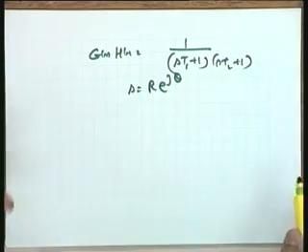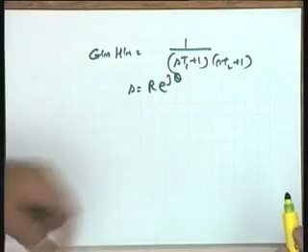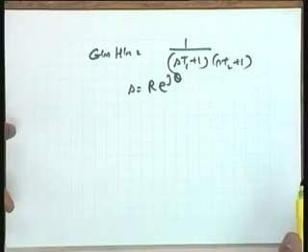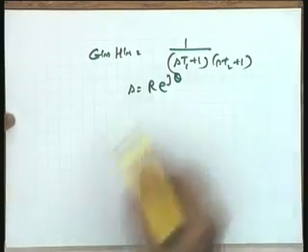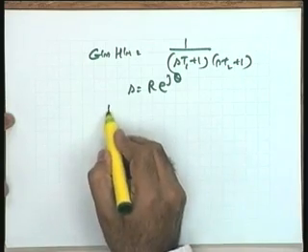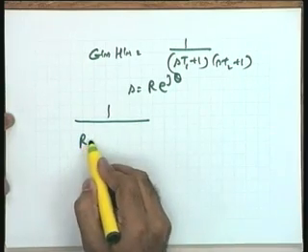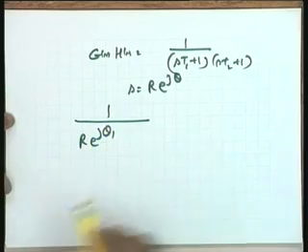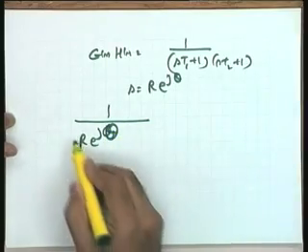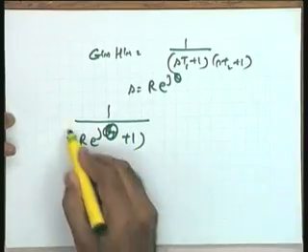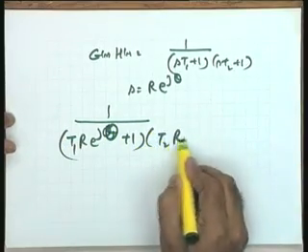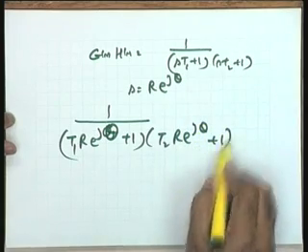I need your attention here, please. One or two examples I will fully describe, and then quickly the analysis will follow. Substituting here, I get the function as 1 over r e to the power of j theta, this is s, into (T1 r e to the power of j theta plus 1)(T2 r e to the power of j theta plus 1).